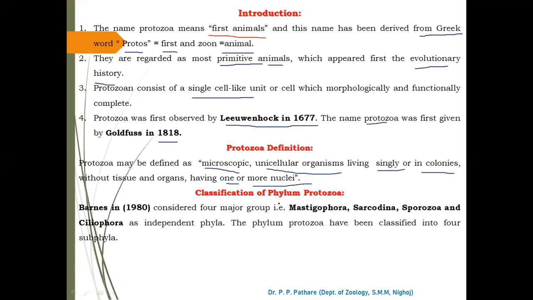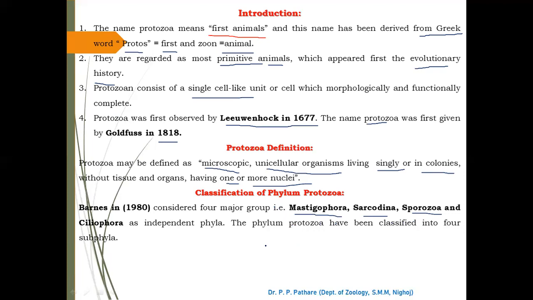According to BAMS in 1918, consider as four most important groups of phylum protozoa. For example, named as Mastigophora, Sarcodina, Sporozoa, and Cephalophora as independent phyla of phylum Protozoa.